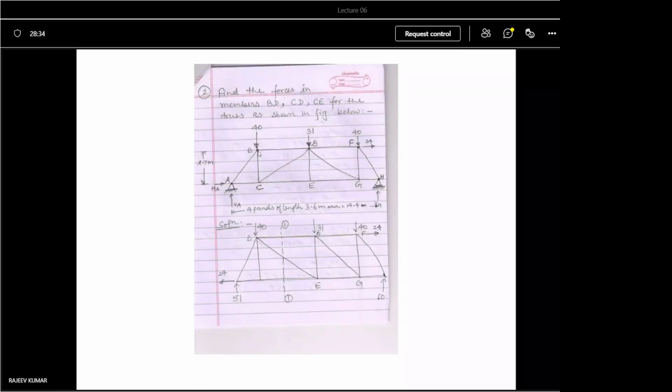Suppose here we have welded, here we have welded, here we have welded, here we have welded, and here we have put a rivet. Then what will happen? These are all in triangular form, but it is a single simple structure. When load acts, the whole structure will move at a time.